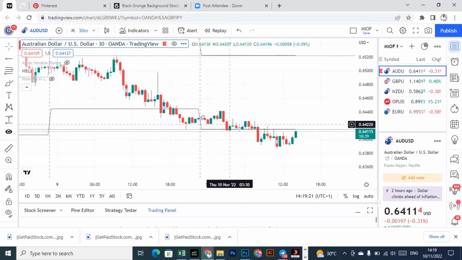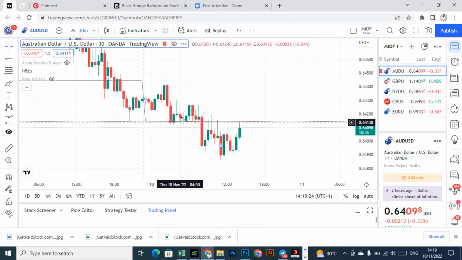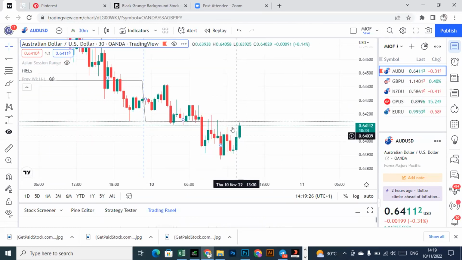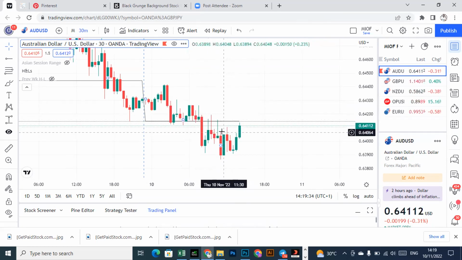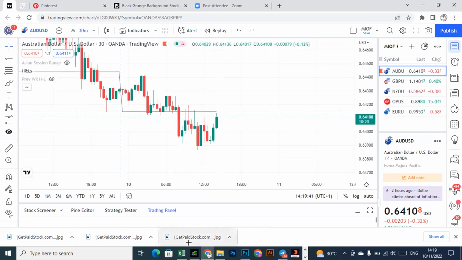So far so good. This is the last candle. Maybe after the close of this candle, you'll be planning to enter to buy, right?